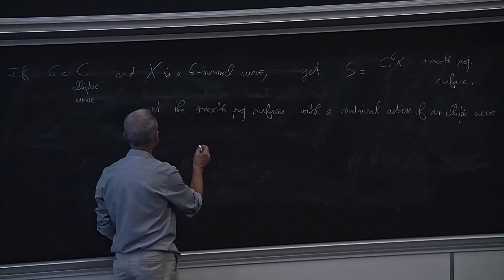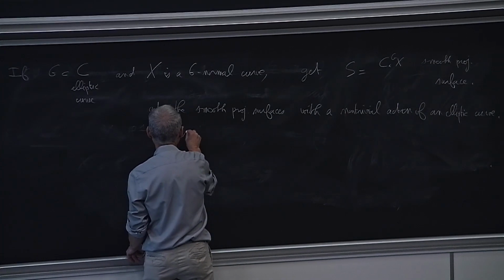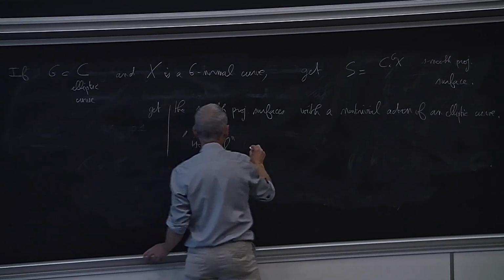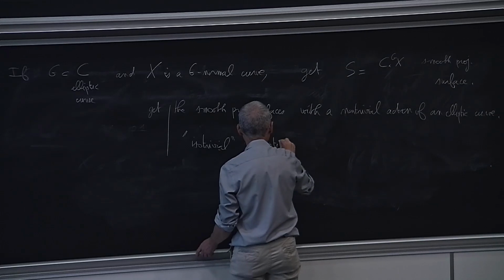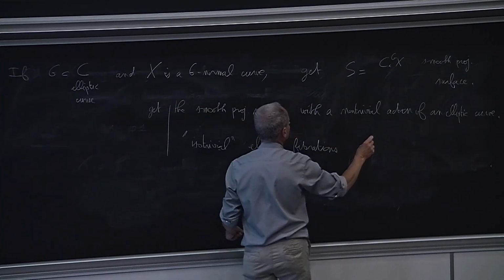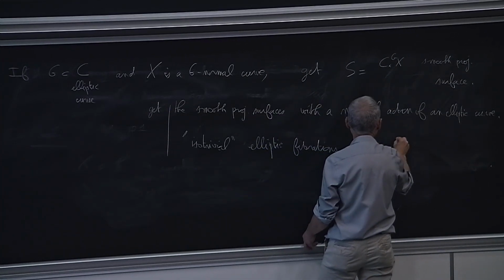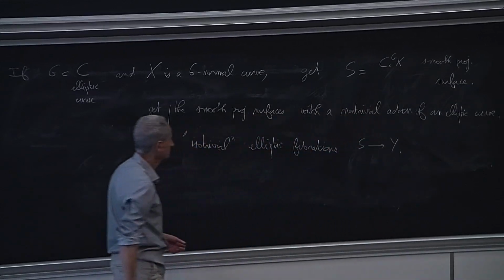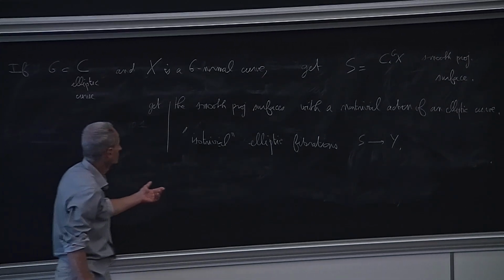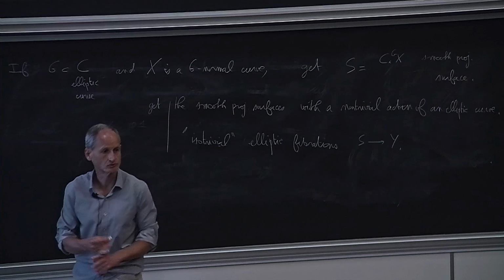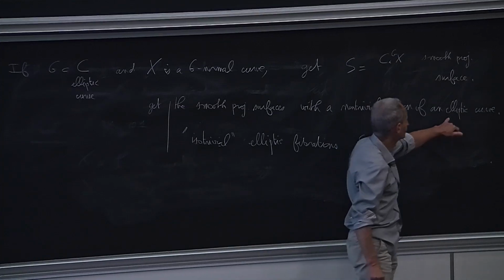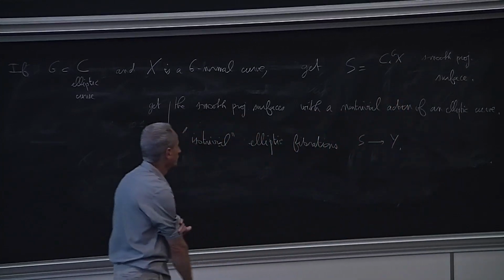And geometrically, it means some kind of isotrivial elliptic fibrations, which in this case are again this S to Y. Isotrivial is a bit stronger than the usual sense, saying that all the general fibers are the same, because you need this action of an elliptic curve, which is a stronger requirement.